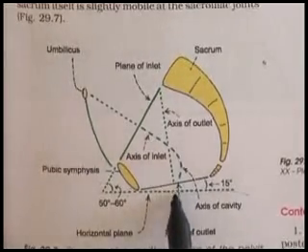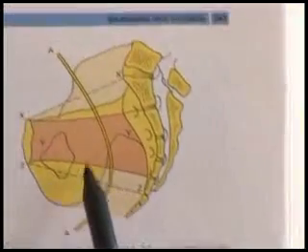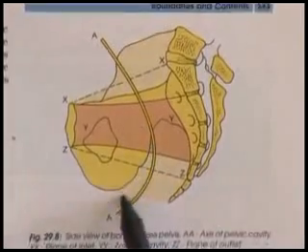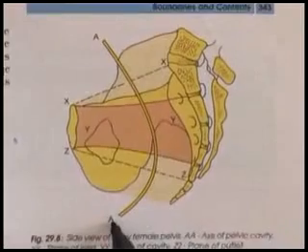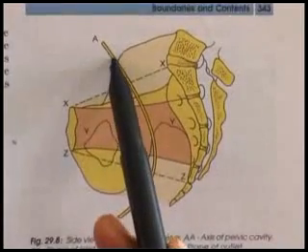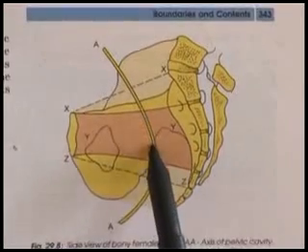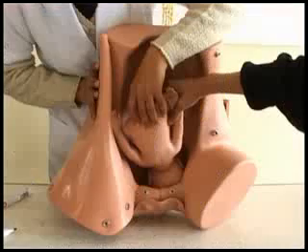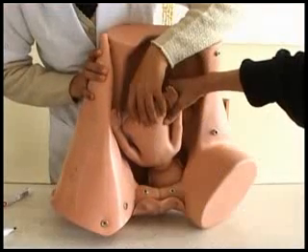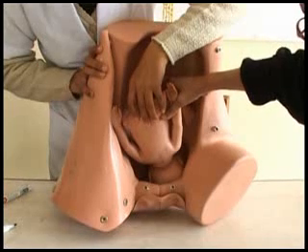The next figure shows the J-shaped direction which the fetus takes during its difficult journey. First it passes through the axis of the inlet, then through the axis of the cavity, and finally through the axis of the outlet. This model shows the full-term fetus delivering out.